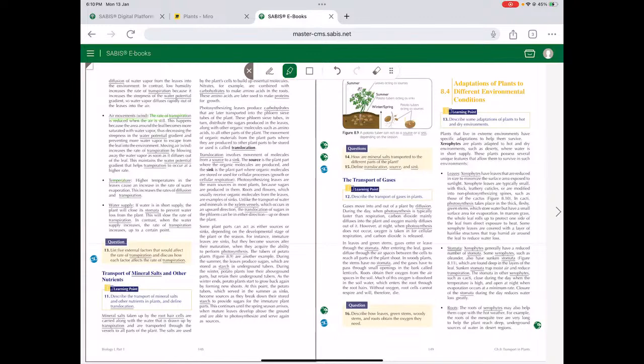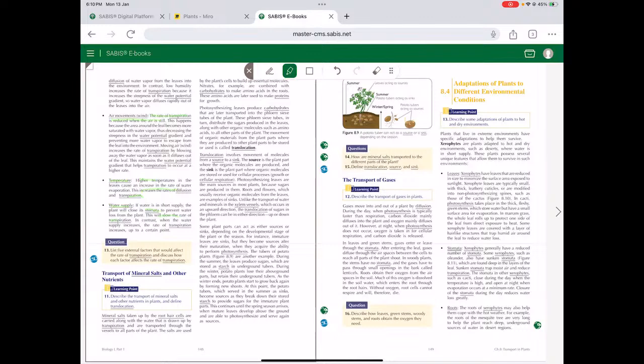Temperature. Higher temperature, of course, increased rate of transpiration. Water supply. If short in water supply, it will close its stomata to prevent water loss, so slow rate of transpiration. However, if there's a lot of water, it can increase the rate of transpiration, of course, to a certain point.